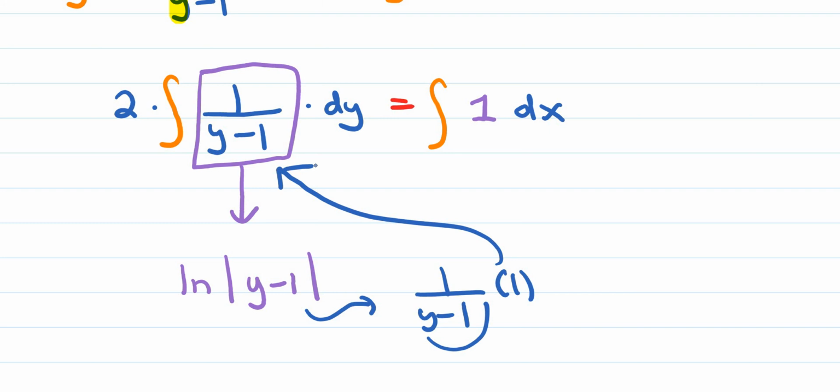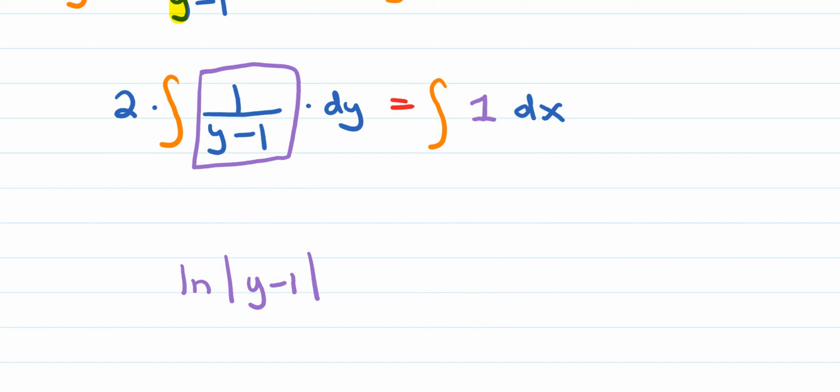So I know my antiderivative of 1 over y minus 1 is indeed ln of absolute value of y minus 1. You can do that by inspection, or you can use u substitution if you feel more comfortable, but I won't be doing the u substitution steps in this video guide just to speed things up. And over here on the right-hand side, the antiderivative of 1 is going to be x plus c.